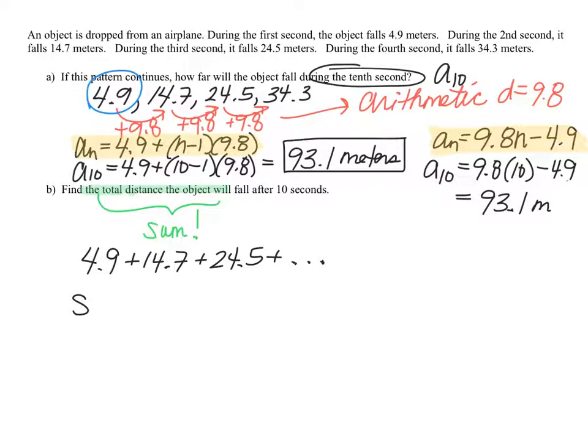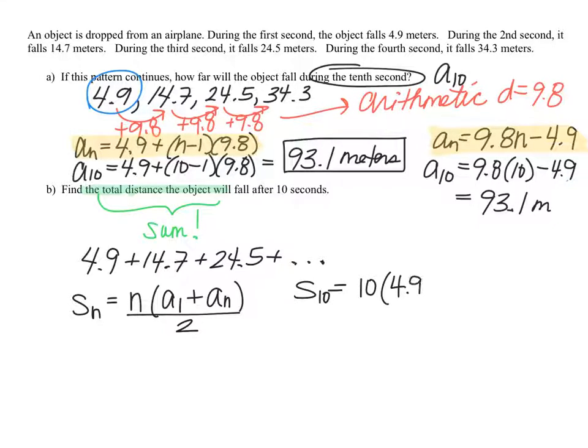that, we have a nice formula for the sum of the terms in an arithmetic sequence. So remember, that's the number of terms, n, times the first term plus the last term divided by 2. So in this case, we're summing up 10 terms. So n is equal to 10. My first term is 4.9. That was how far the object fell in the first second.